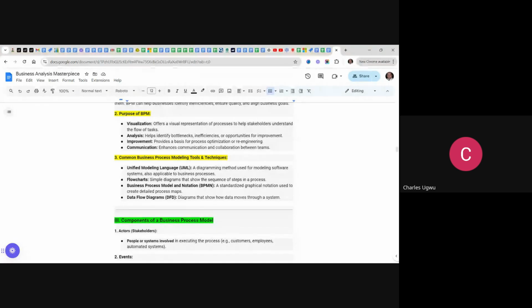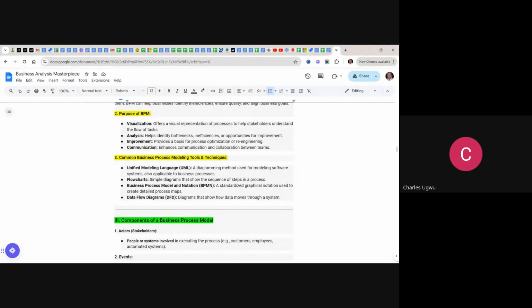That will help the organization analyze and see where there is a bottleneck, where there is an error, where there is an omission, where there is duplication. Once you model the requirements, you see all of these and you see how to optimize your processes and improve efficiency within them.